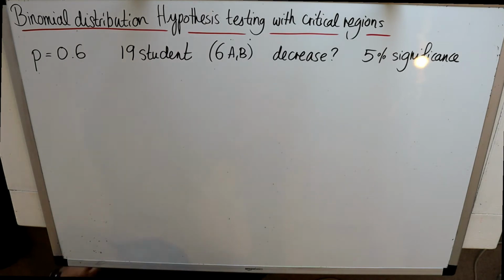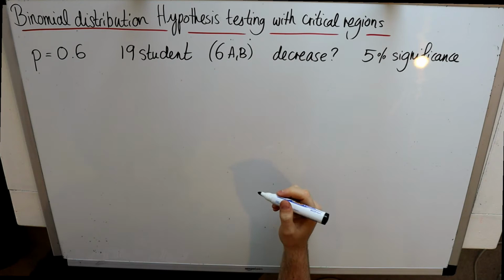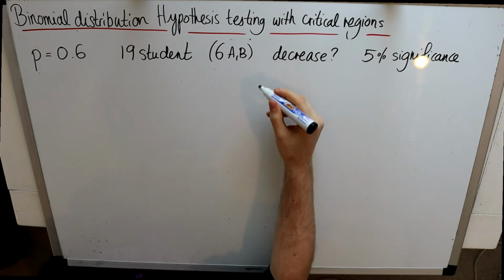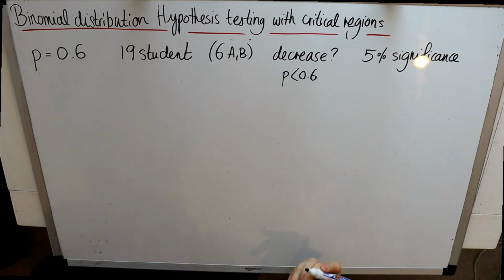So what I'm going to solve is, because there's a decrease, our hypothesis test will be checking to see if maybe the probability has now gone down from 0.6.